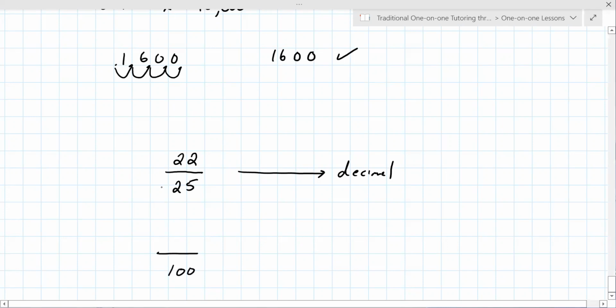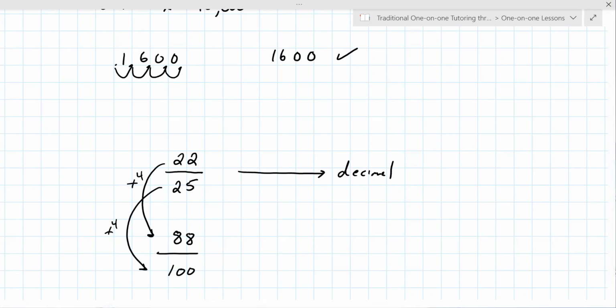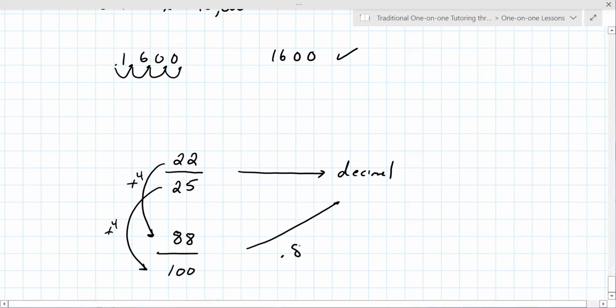That's right. So you multiply the bottom by 4. What is 22 times 4? 88. Now, what is the decimal though? 0.88. Very good.